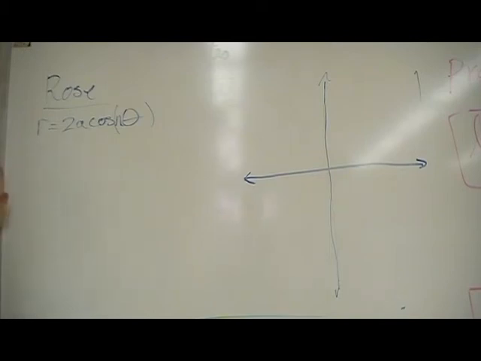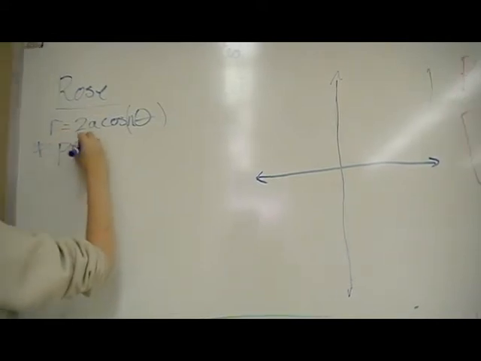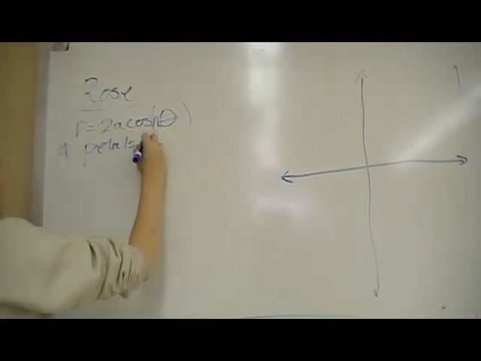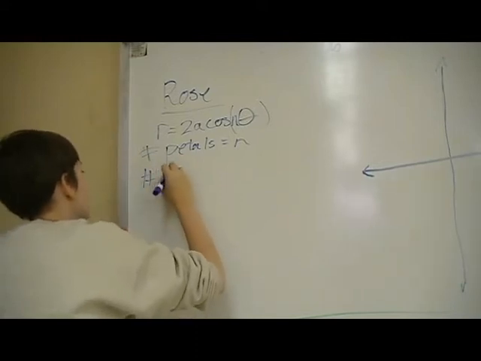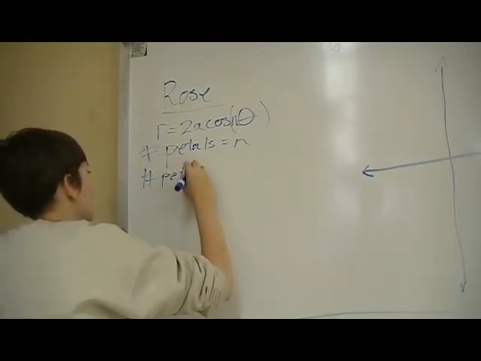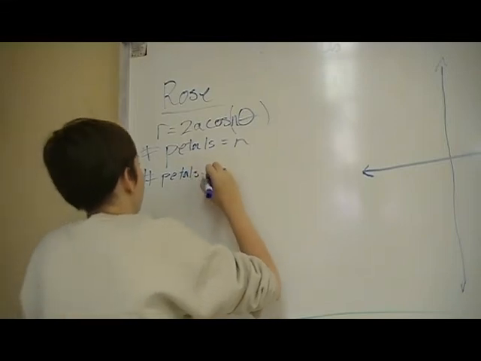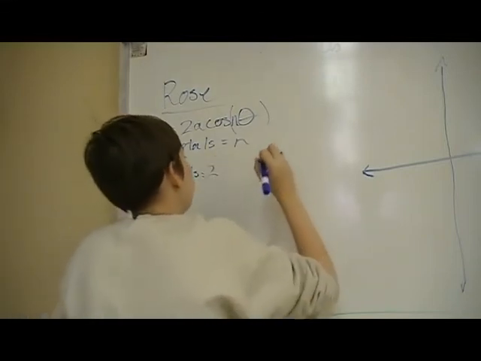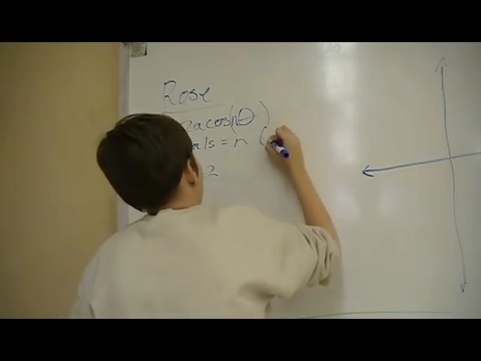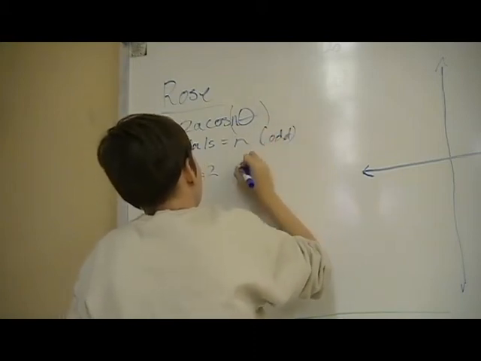One good way of telling how many leaves are on the rose is if n is odd, the number of petals is equal to n, and if it's even, the number of petals is equal to 2n. So this is odd, this is even.